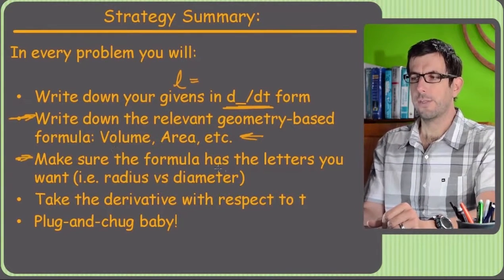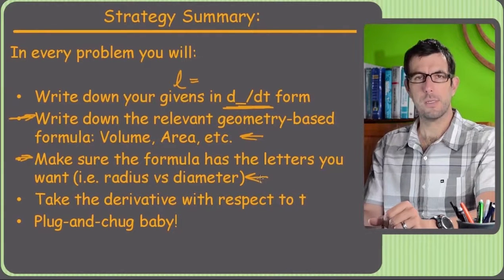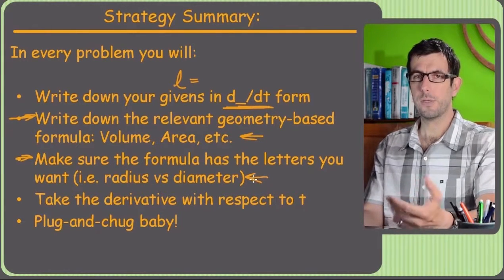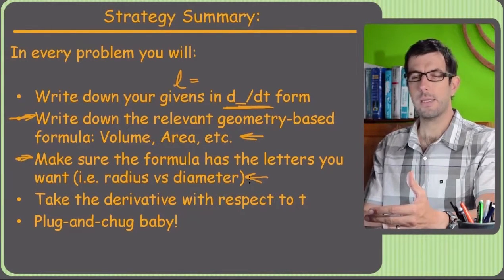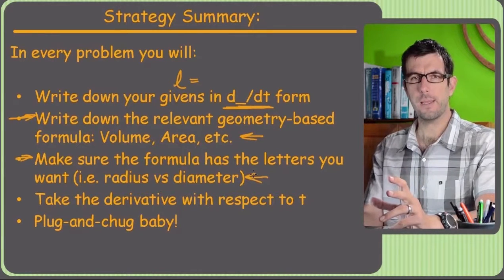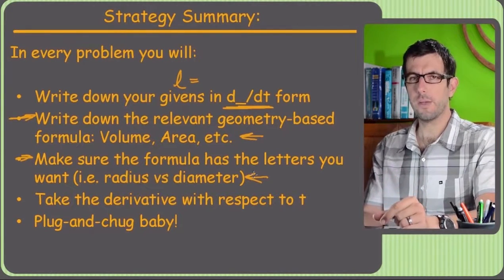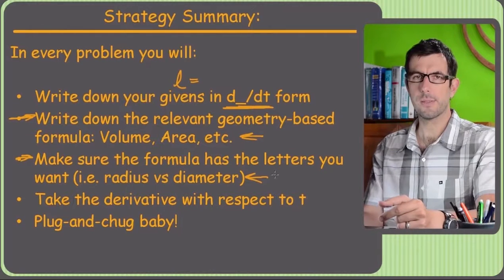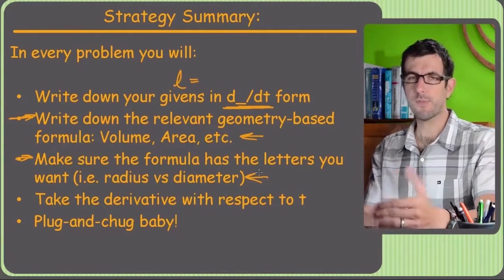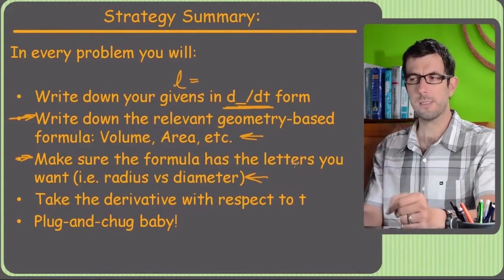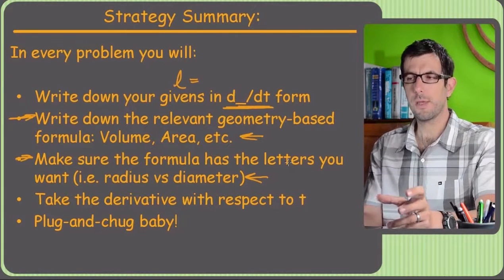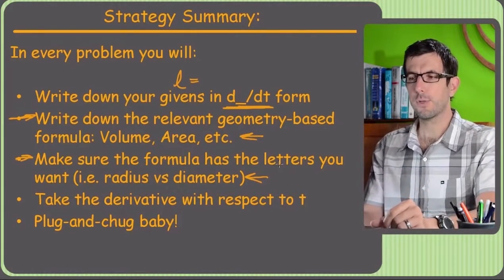Double check it has the right letters. Like on that last one, we switched diameter to radius in order to solve things. In some problems, it'll be a little bit trickier than that. We'll see some in later videos. Sometimes we'll have to swap out circumference for radius or radius for circumference, something a little bit juicier than just going from radius to diameter, which is pretty simple.